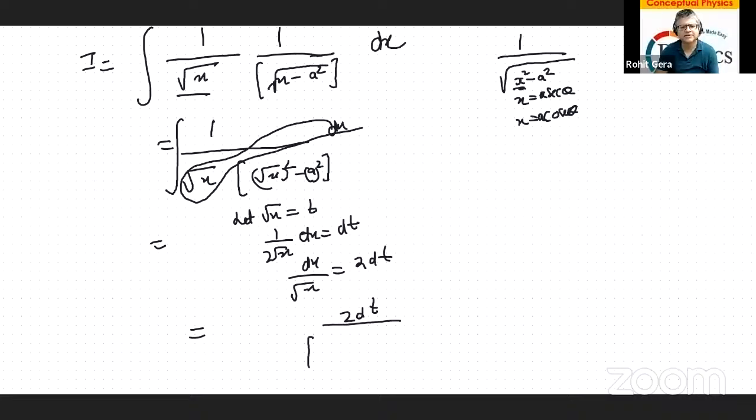t square minus a square, because under root x is t, so this becomes t square.